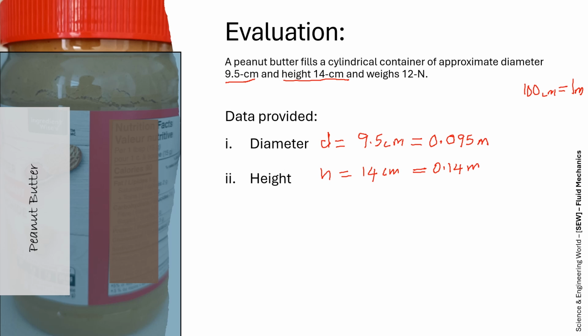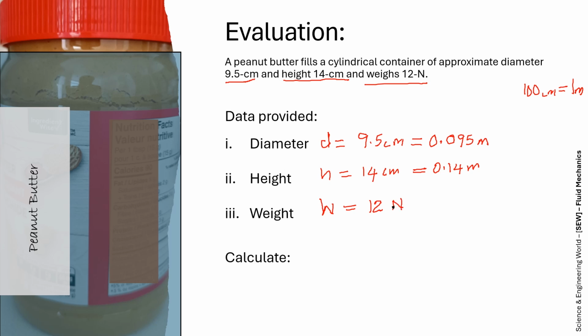The last one given is the weight, which is given in Newton, so we can use W for weight. We have here W equals 12 newtons. Now 12 newtons is a standard form we can use to calculate easily.